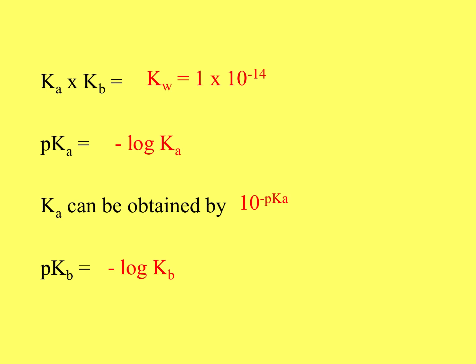Okay, so now let's talk a little bit more about Ka and Kb. You want to make sure that you understand that the relationship between Ka and Kb, Ka times Kb, equals 1 times 10 to the negative 14, but that's only for a conjugate acid-base pair.